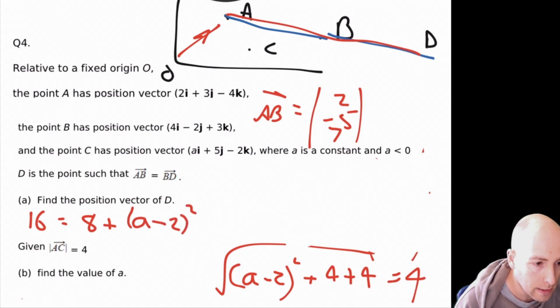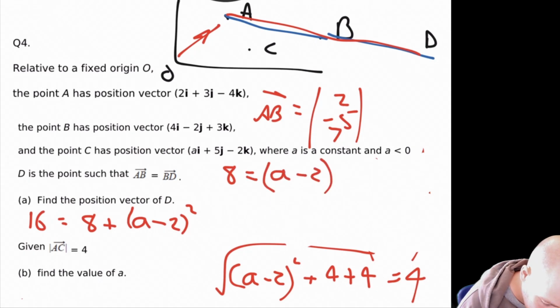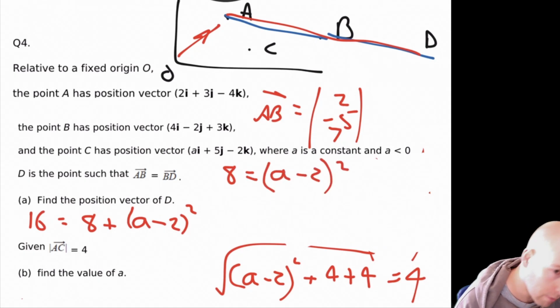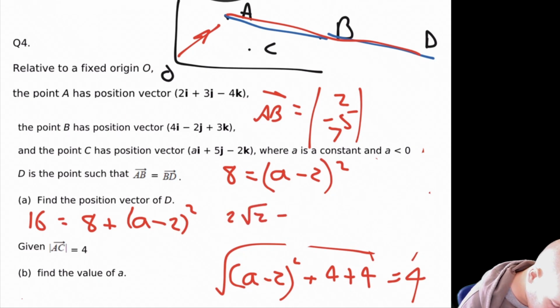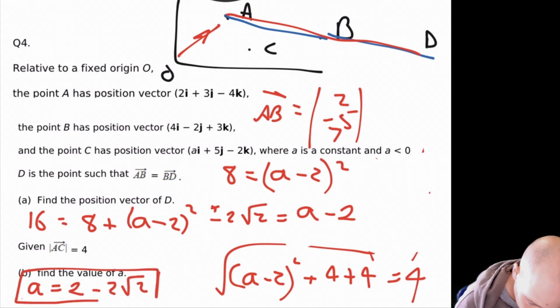So I'm going to take 8 from each side to get 8 equals A minus 2 squared. Square root both sides, we get root 8, which is 2 root 2, is A minus 2. A is less than 0, A is negative, so we're going to get A equals 2 minus 2 root 2.